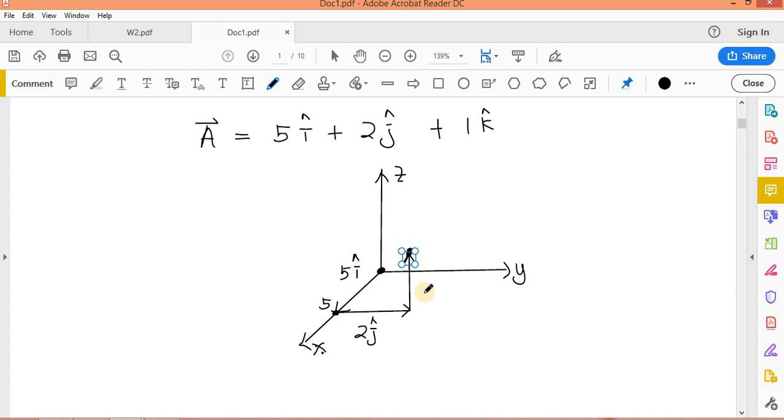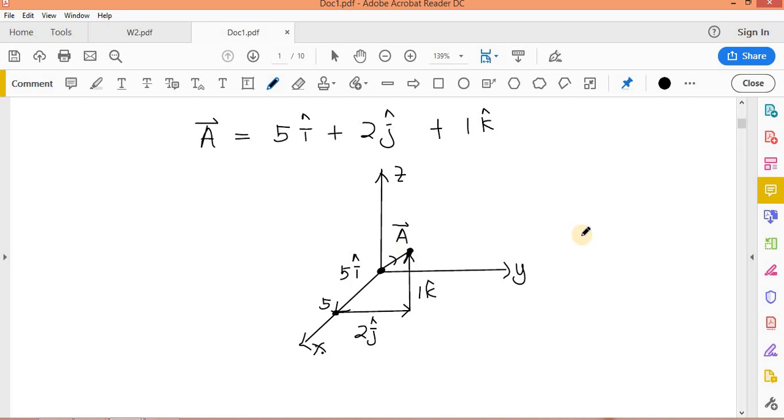Okay, this is 1k. So your vector A is actually from the origin up to the final point. So you make a line and mention that this one is your vector A, from the origin up to the final point.